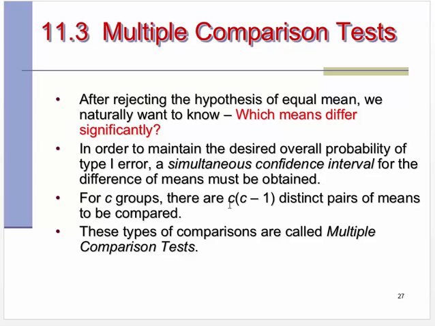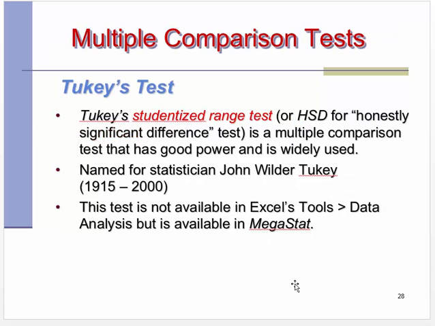For C groups, there are C times C minus 1 over 2 distinct pairs of means to be compared. These types of comparisons are called multiple comparison tests. One of them is Tukey's test. Tukey's studentized range test, or HSD, for honestly significant difference test, is a multiple comparison test that has good power and is widely used.